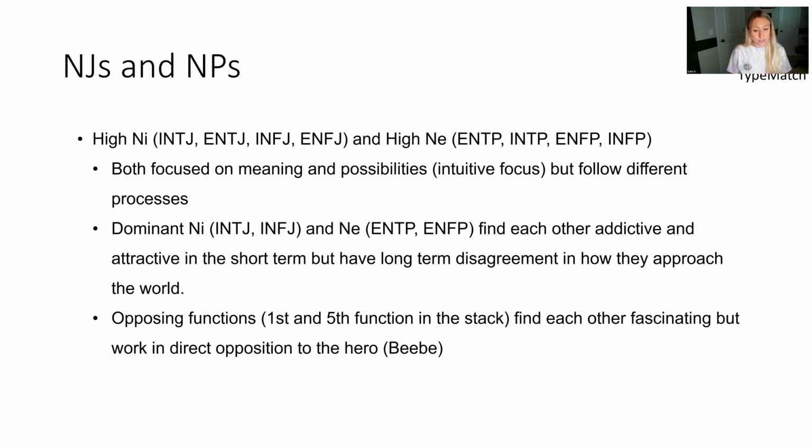So the dominant NI types, the INJs, and the dominant NE types, we're again seeing this opposing function dynamic where they find each other addictive and fascinating. At first, there's a pull there, but over time, a long-term disagreement because the opposing function is working in direct opposition to the hero.